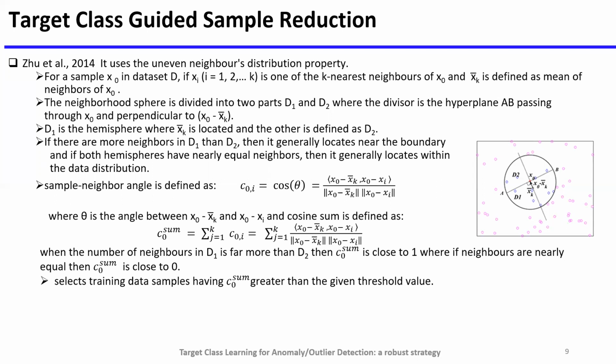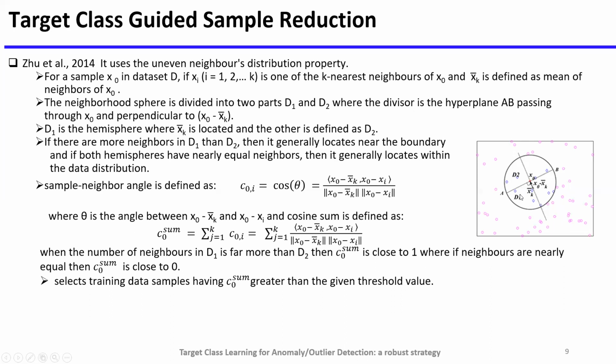The neighborhood sphere, as we can see in this diagram, can be divided into two parts, T1 and T2, with a divisor, the hyperplane AB, passing through x0 and perpendicular to x0 minus xk bar.